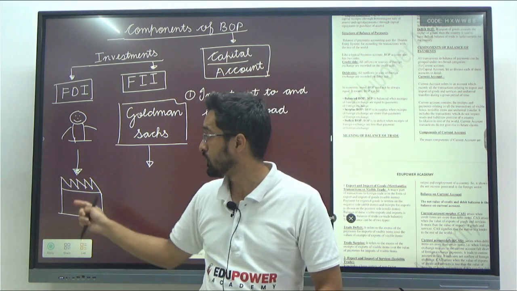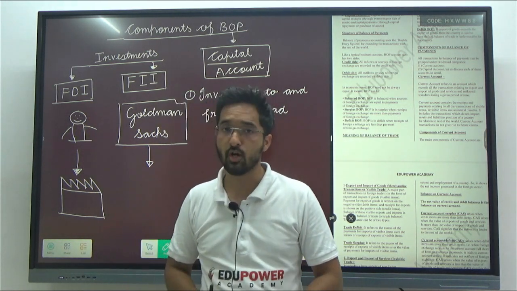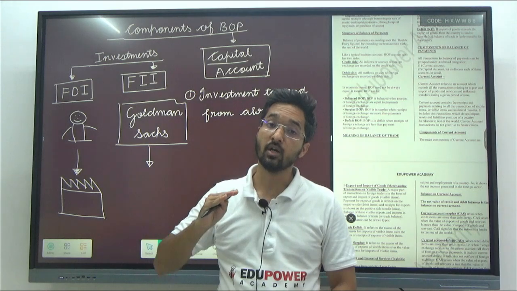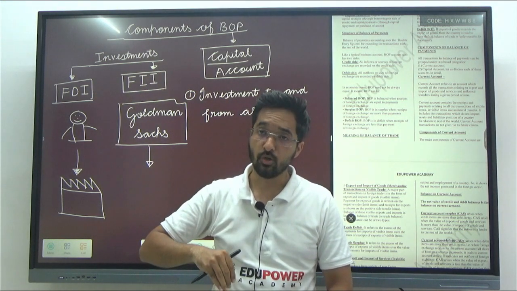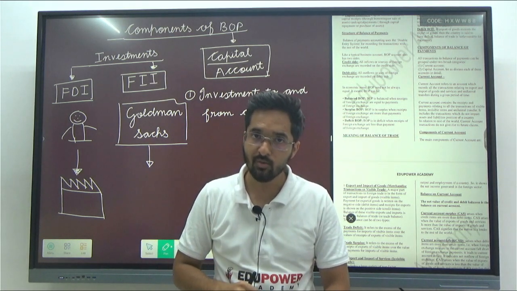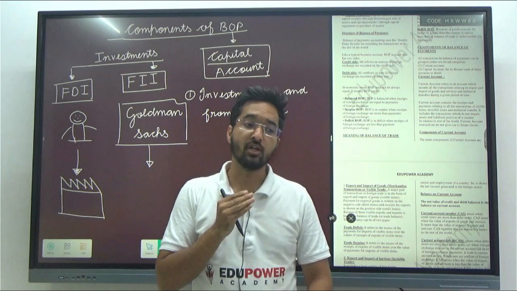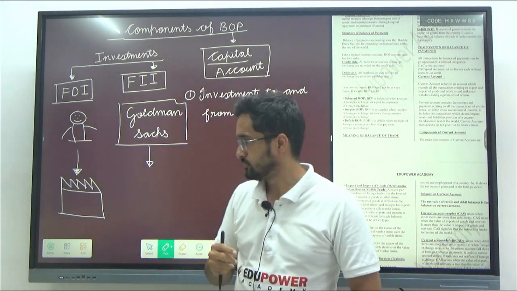For doing that, that is basically an example of FDI, foreign direct investment, but here the investment has moved out, it has not come inside. So, will it be an example of credit side or debit side of the BOP? It will be on the debit side of the BOP, because money has moved outside.